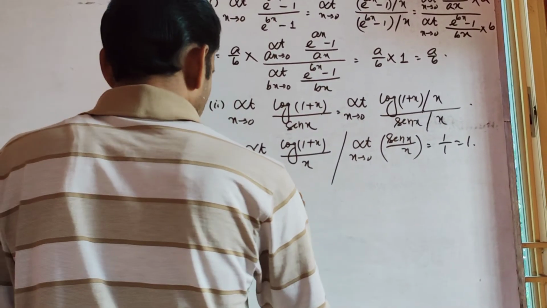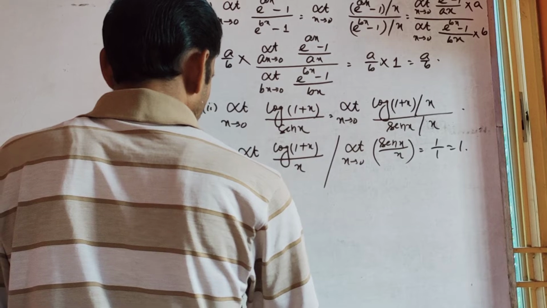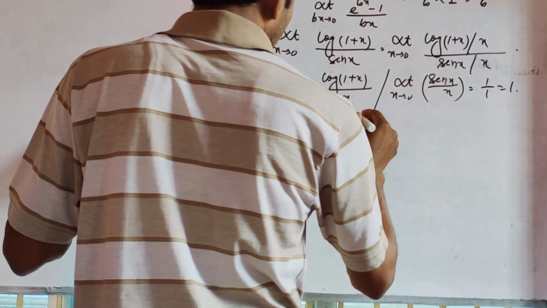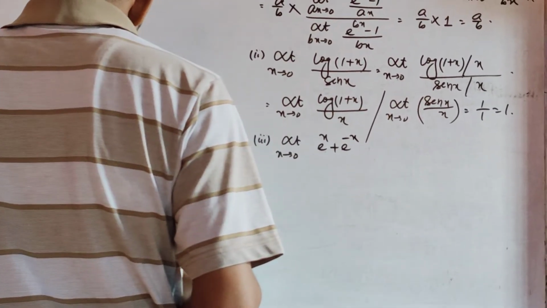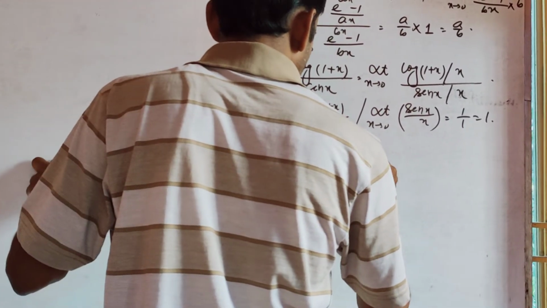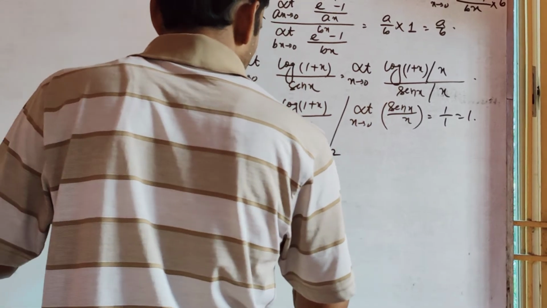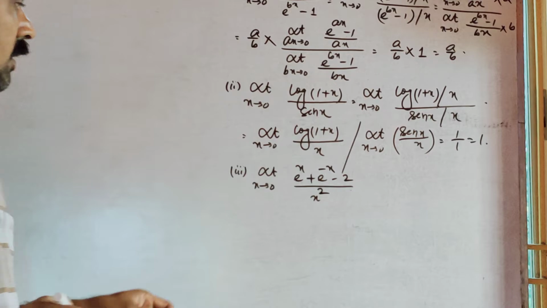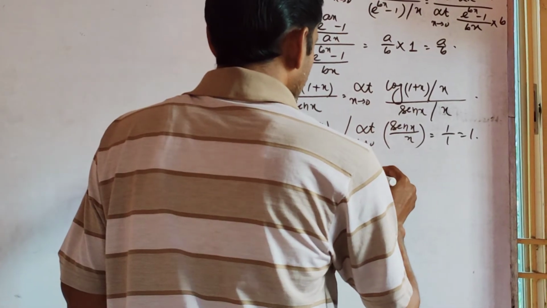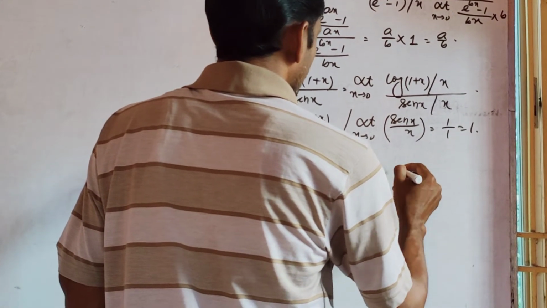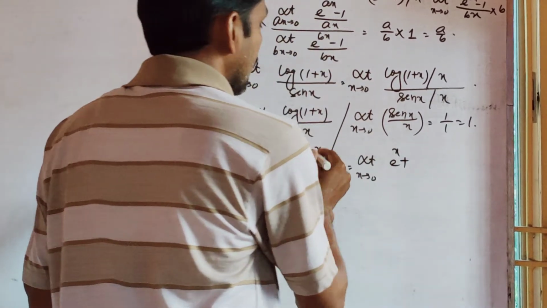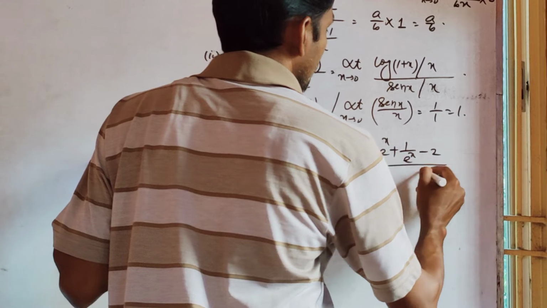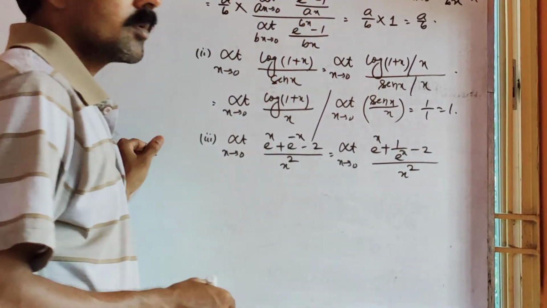Limit x tends to 0, (e to the power x plus e to the power minus x minus 2) whole divided by x square. Now I can write it as limit x tends to 0, e to the power x plus, e to the power minus x is 1 by e to the power x, minus 2, by x square.